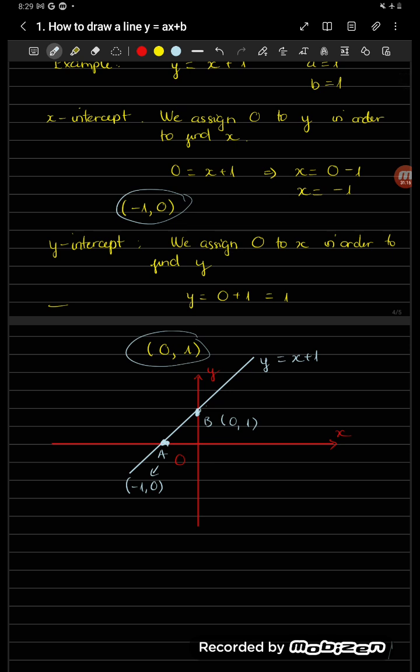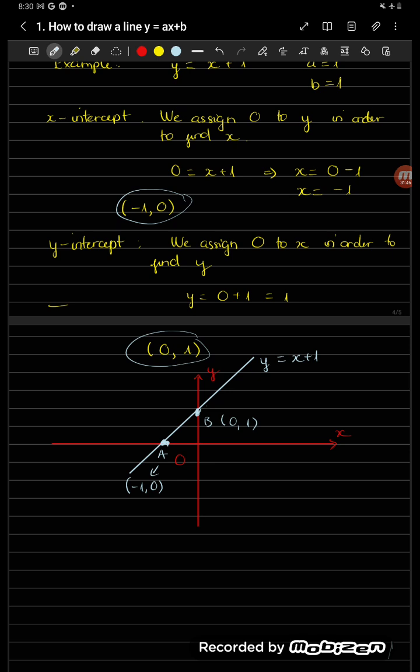Always I have 2 points, but not always. Sometimes for some equations of a line, when we choose the x-intercept and y-intercept as the 2 points, it's easy to draw, easy to calculate x and y.